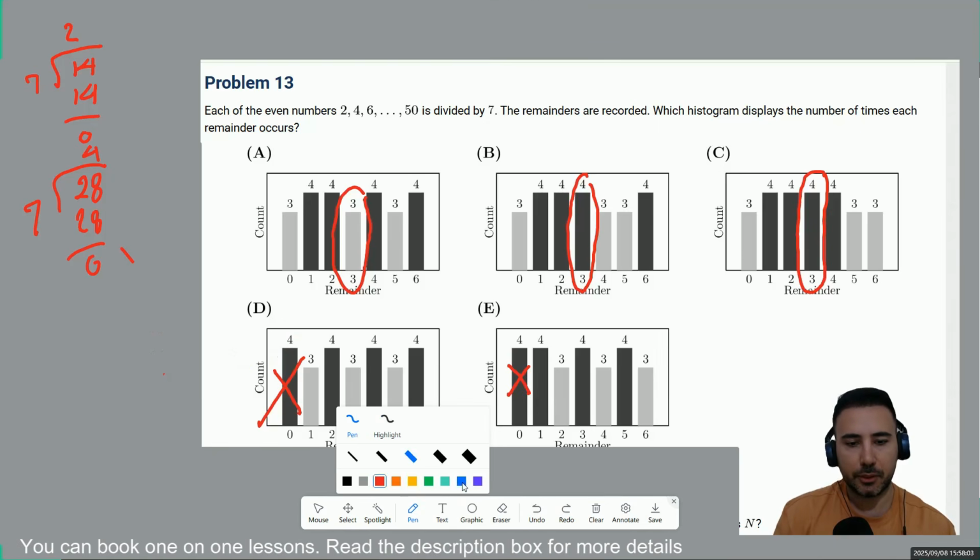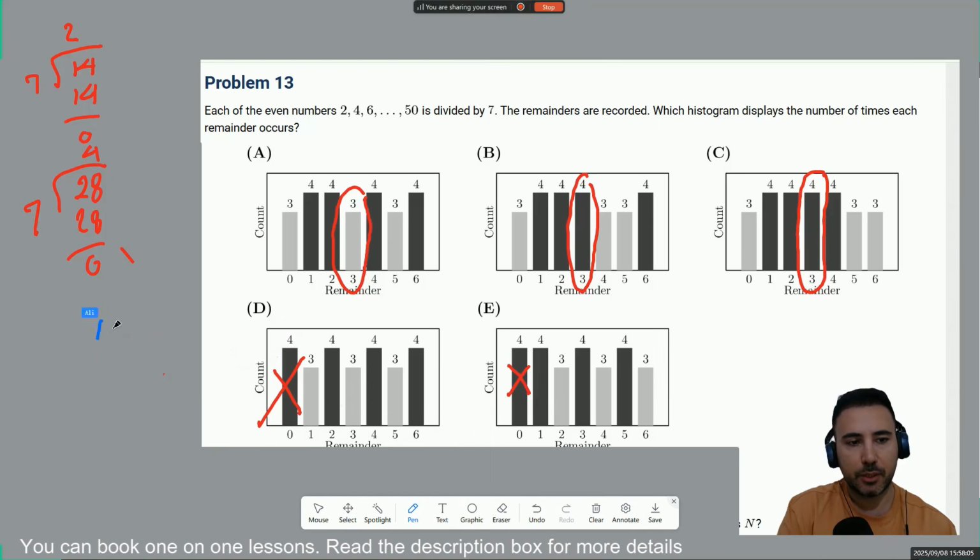Let me change my color. So because we're talking about this one, 10 divided by 7, the remainder is 3. The next number is 10 plus 14. So 24 divided by 7, 3, 21. The remainder is also 3.